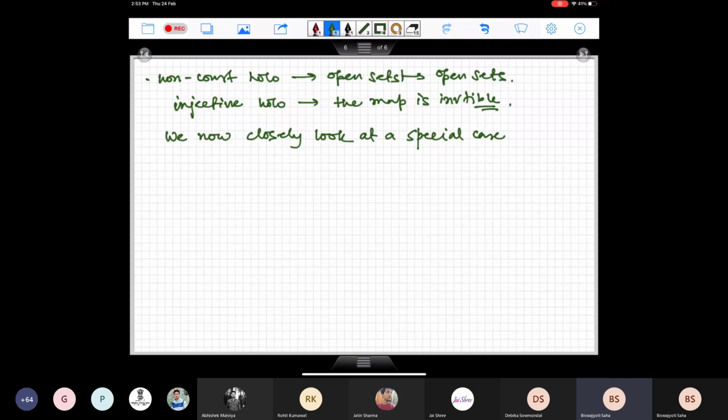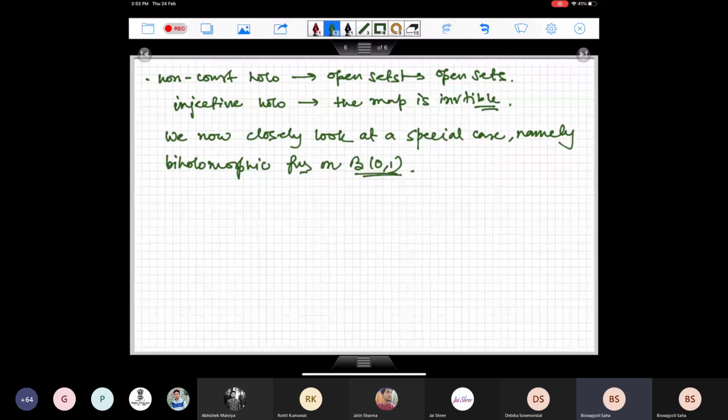Not only that, I also would like to take those functions whose inverse is also in the open unit disk. So that means, namely, biholomorphic functions on B(0,1). On the open unit disk, I'm going to look at biholomorphic functions. That means I have a non-constant injective holomorphic map on B(0,1), taking values also in B(0,1).